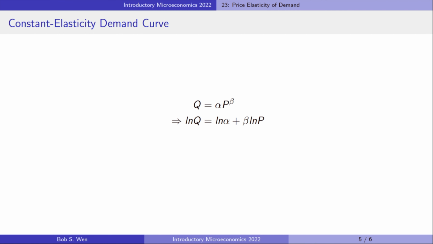By taking the natural logarithms of both sides, we can rearrange this exponential demand as a log linear demand. Using the log form elasticity expression, we can easily prove that the price elasticity of demand is equal to the constant parameter beta.